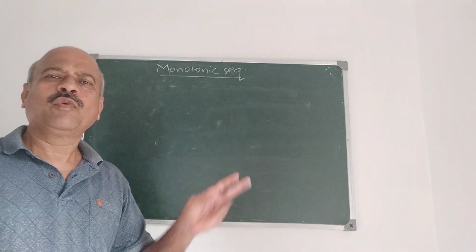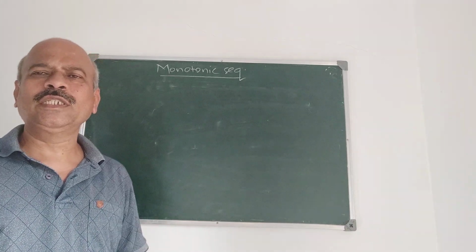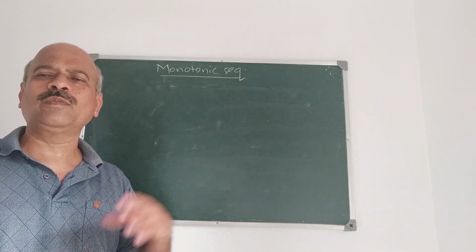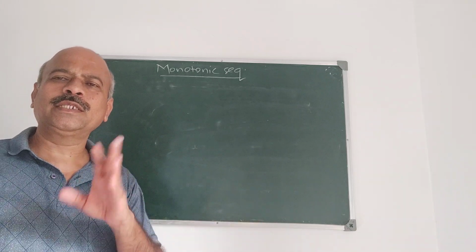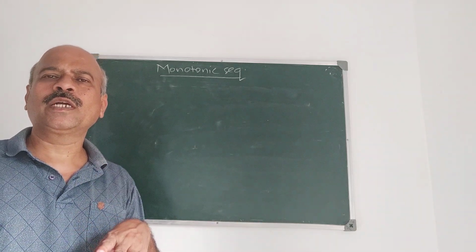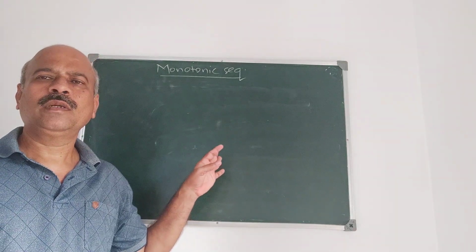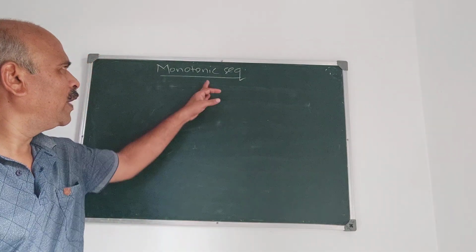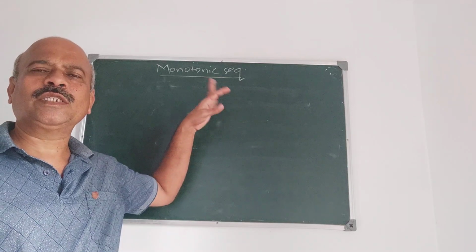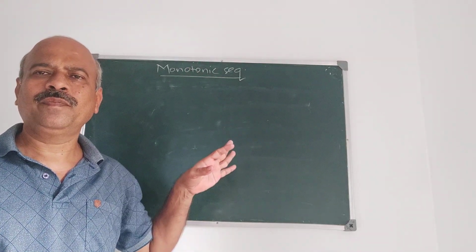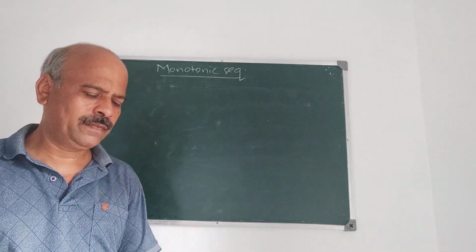Secondly, prove that every convergent sequence is bounded. That I have explained clearly. Every convergent sequence is bounded, but is the converse true? The converse is not true. For that I have taken an example. Then definitions: define convergent sequence, define divergent sequence, define oscillatory sequence. These are the expected questions.